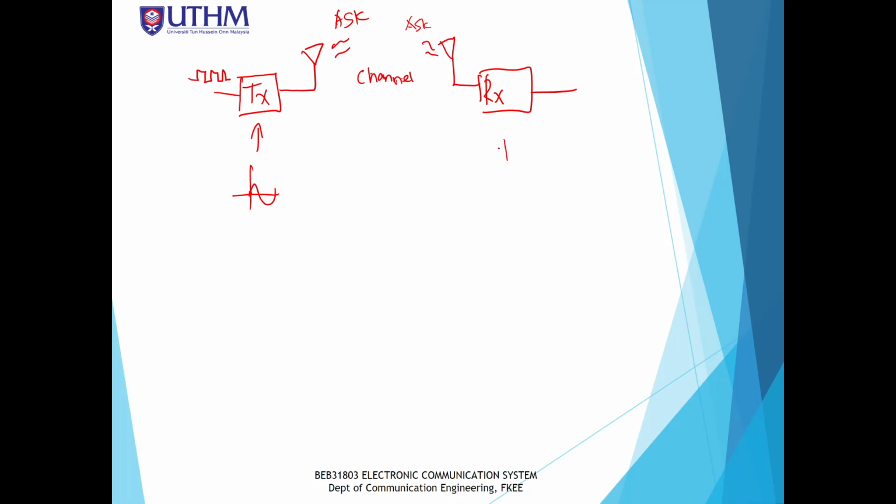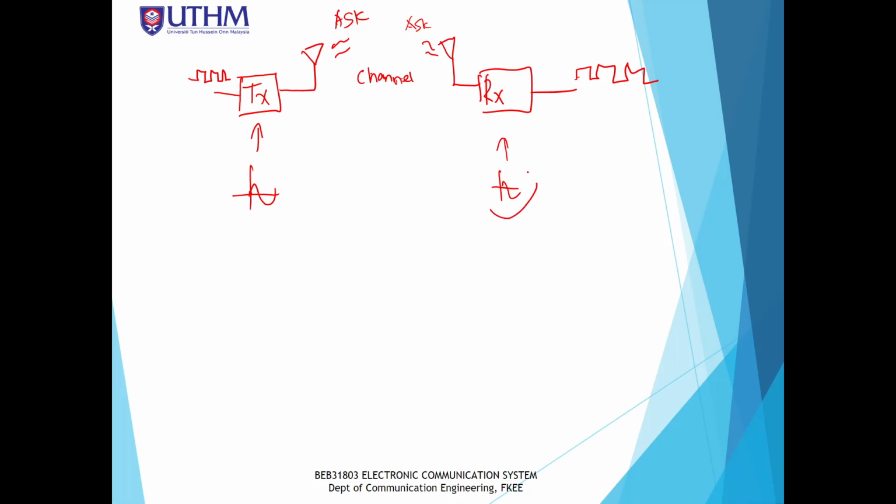We might also use the analog carrier to do the demodulation process, to produce the digital output. You will see later that this receiver has the ability to do the demodulation either with the carrier information or without the carrier.